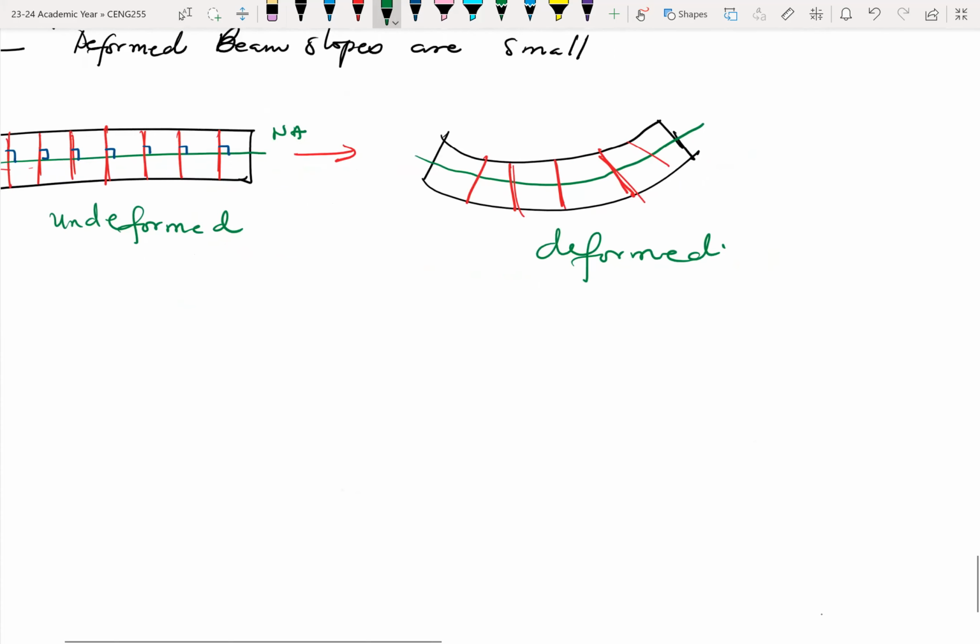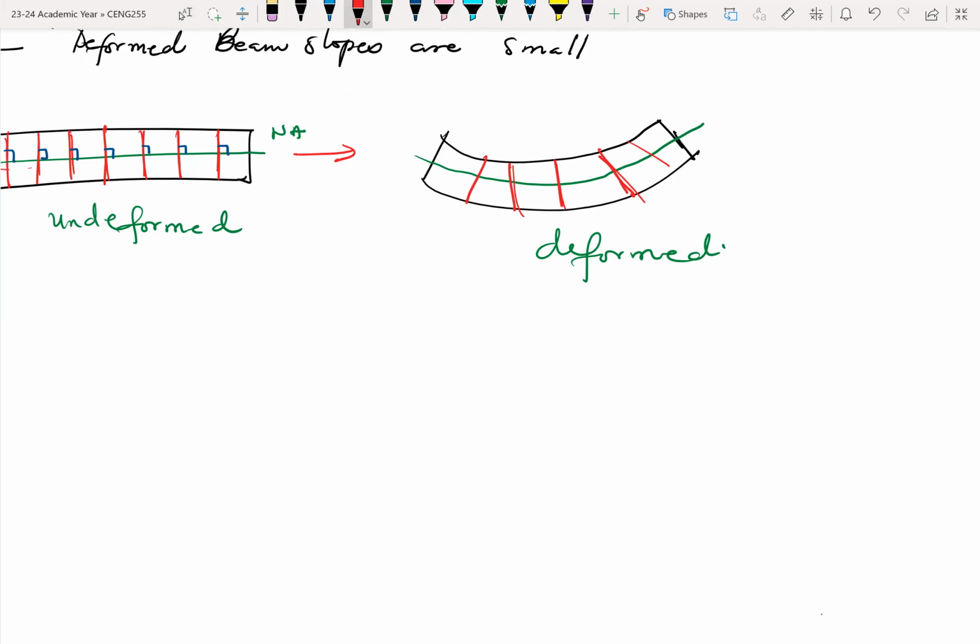Now, when they undergo deformation, normally they will not make an angle of 90 degrees with the neutral axis, because they have been shaped into different directions.